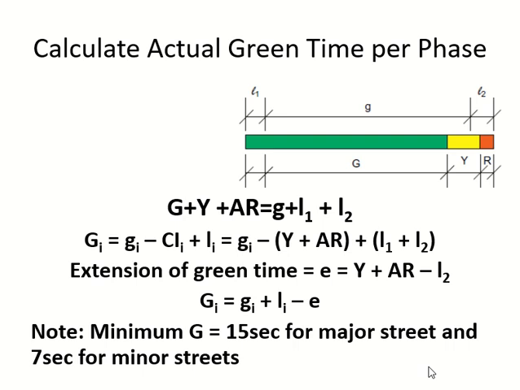Now we know that phase minus lost time gives me effective green. So that means phase equals green plus lost time.